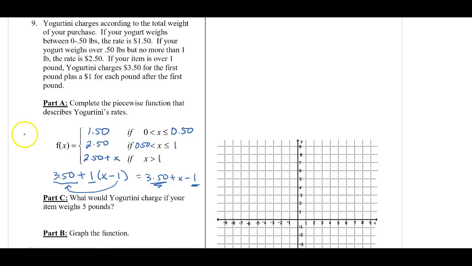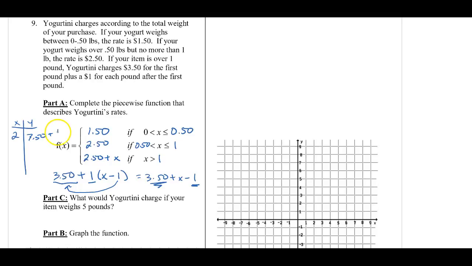And if you want to check that, let's think about what happens if we get 2 pounds of frozen yogurt. That's a lot of frozen yogurt, but you never know. So we get charged $3.50 for the first pound, plus an extra $1 for every pound after that.